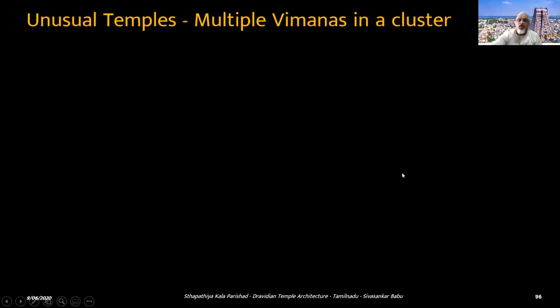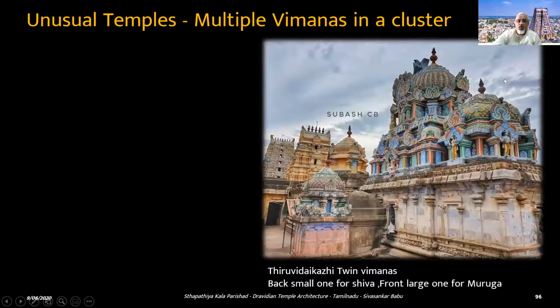The other interesting thing is multiple vimanas. This is Tirupathi. The smaller one, back one, is for Shiva temple. Later on, they built a Muruga temple in front, and which has got a bigger vimana for Muruga.